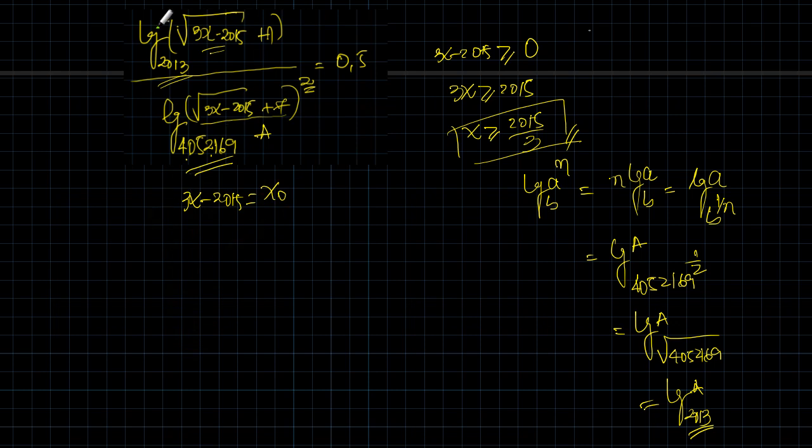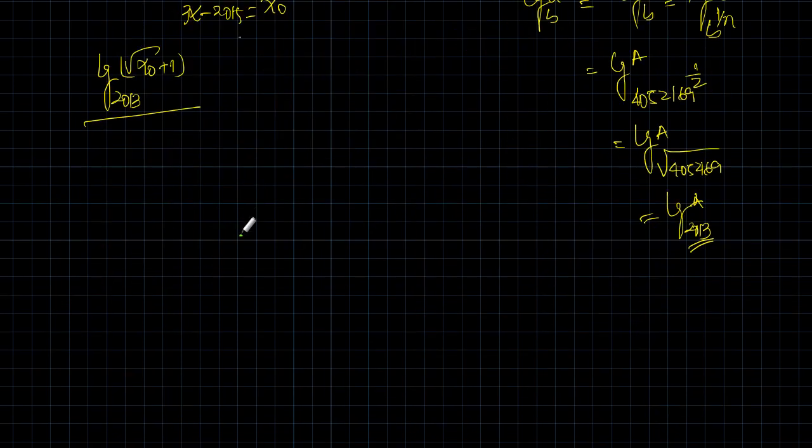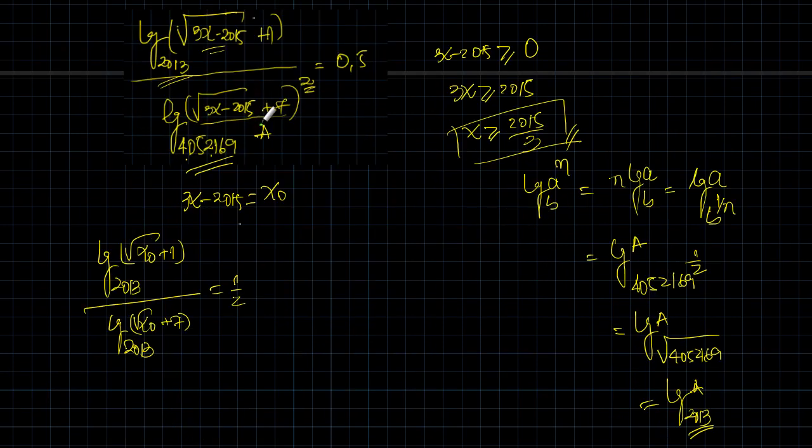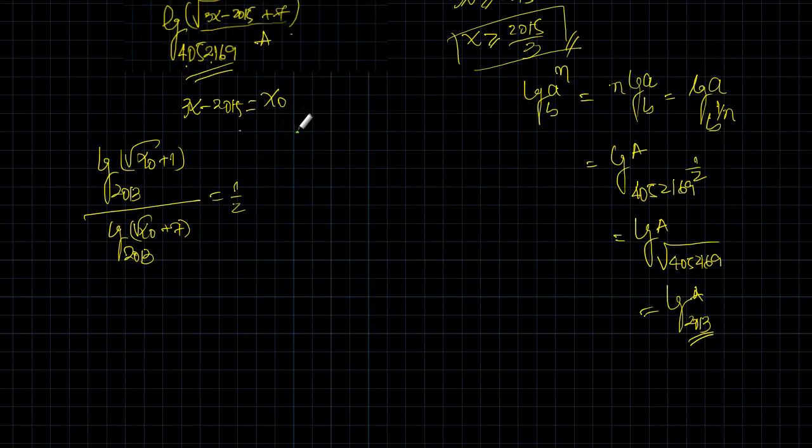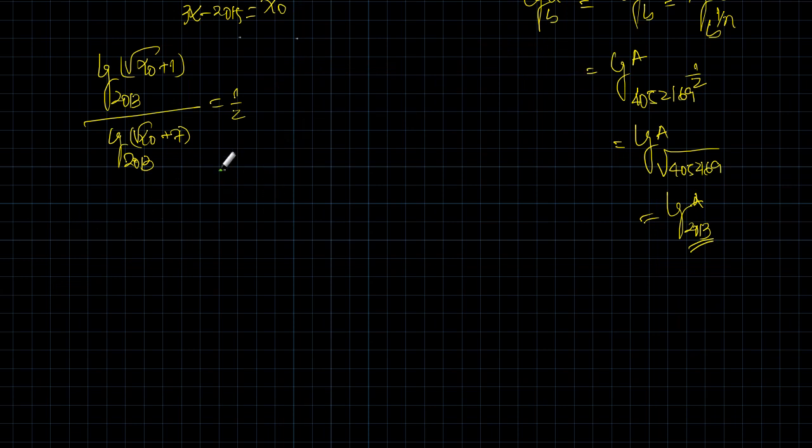So what I'm going to have here is log base 2013 square root of x0 plus 1 over log base 2013 square root of x0 plus 7, and this is going to be equal to half, 0.5. So what do I do now?